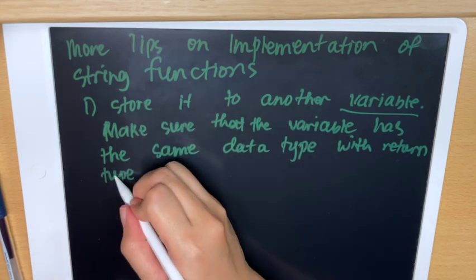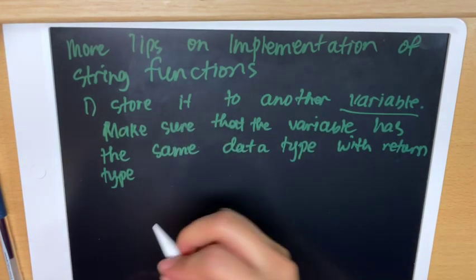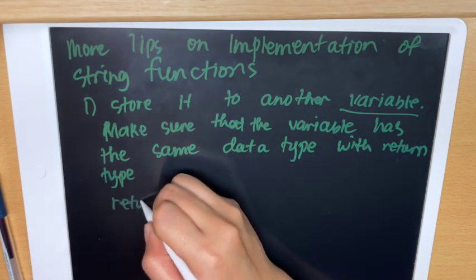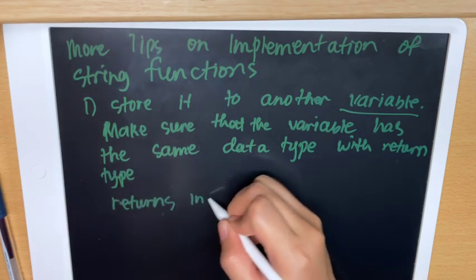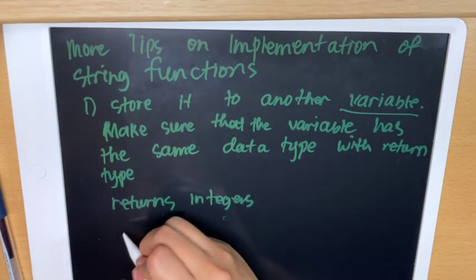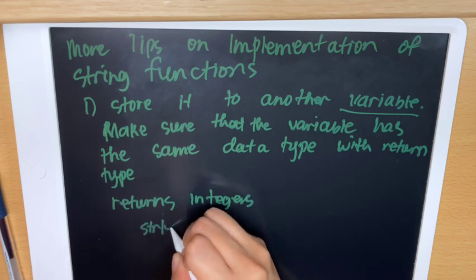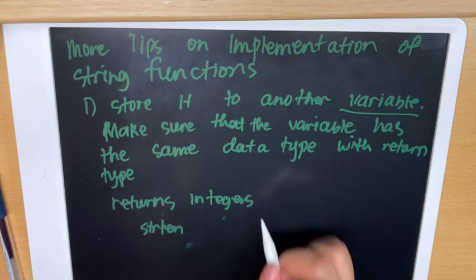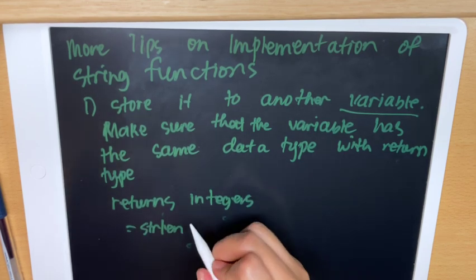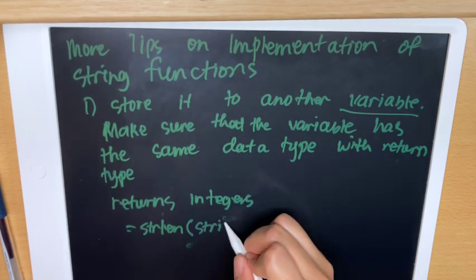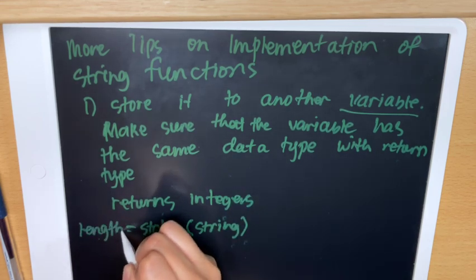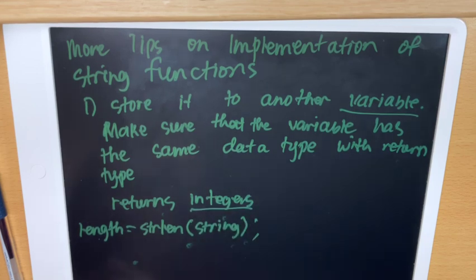So in the first example you've seen, let's just say the one that returns an integer. Which functions return an integer? We have strlen, so it returns integers. You can store the return value of strlen in another variable, which should be an integer, since the length is also an integer.